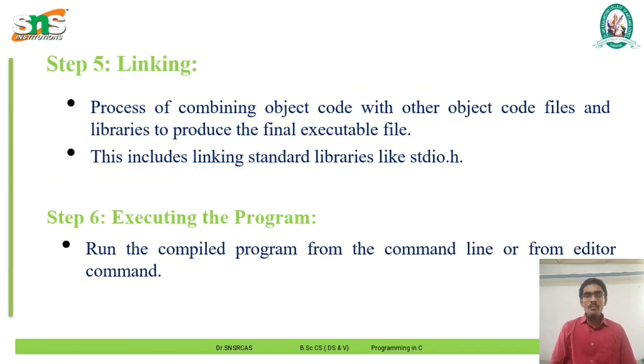Linking is the process of combining your object code with other object code files and libraries to produce the final executable file. This includes linking standard libraries like standard input output, used in the example programs.